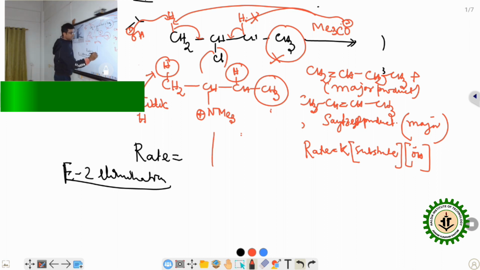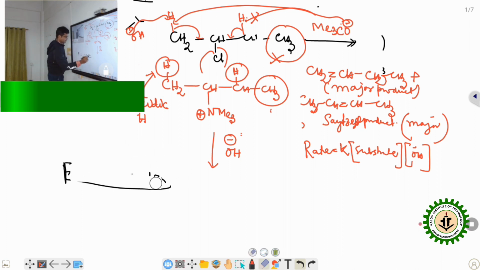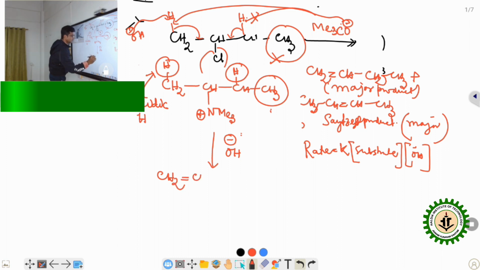Now when the base is used, the more acidic beta hydrogen will be abstracted first. The product will be one alkene, which we call here the Hofmann product. This will be the major one.